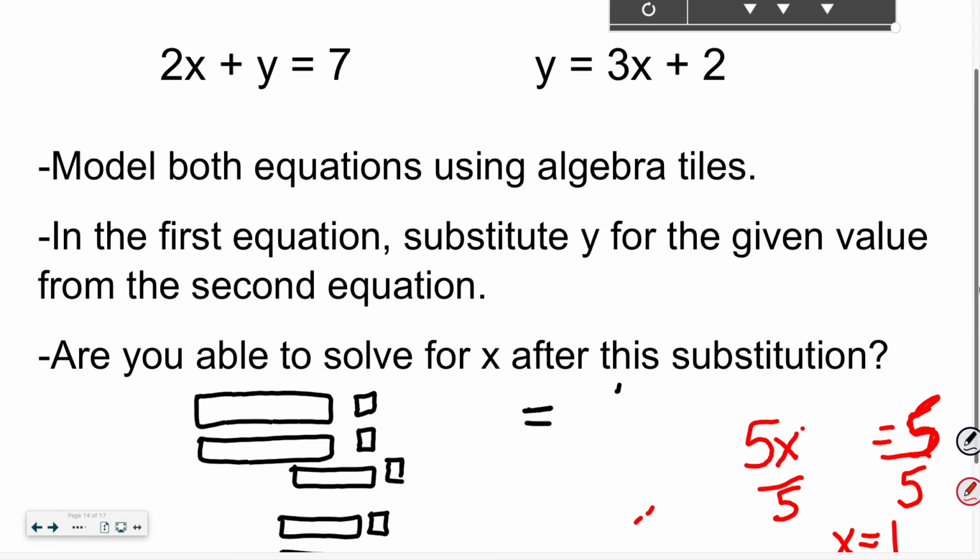Whatever you plug in for x, you'll find the solution for y. Because that equation's in slope-intercept form, why is that more helpful for substitution? What do we already know on the right? We already know that y is 3x plus 2.